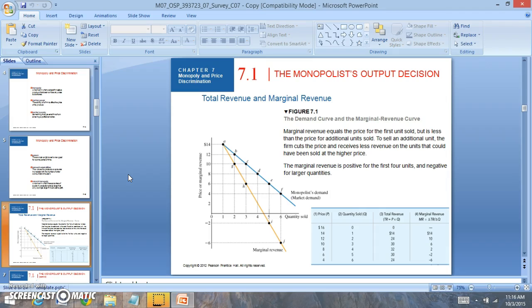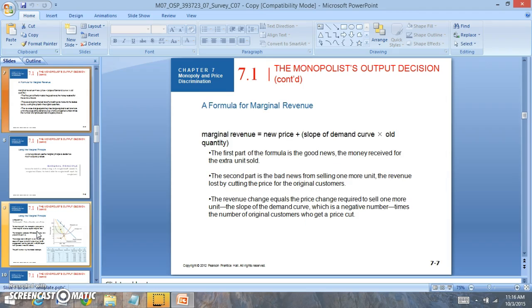Now, the challenge we're facing with monopolies is that monopolies are classified as a price searcher or price maker. What that means is monopolies are able to price the product according to what they would like to sell it at. And you'll notice we have to focus on the output decisions of a monopoly.